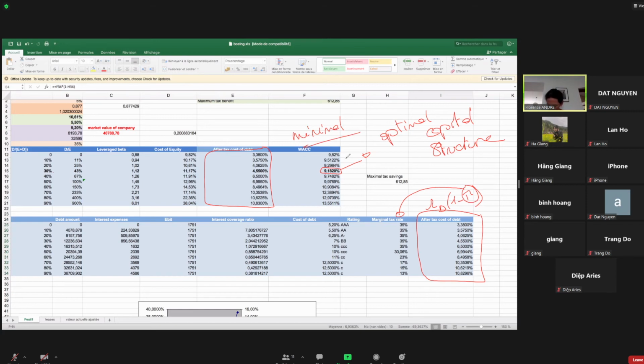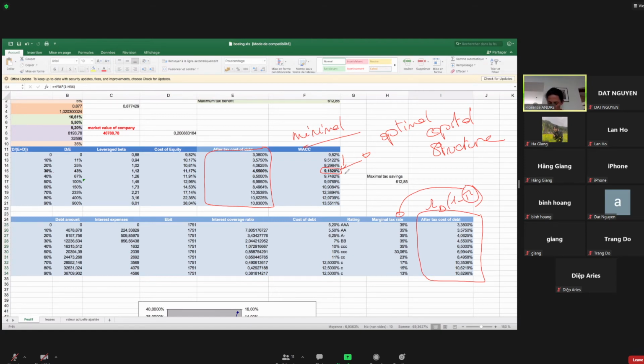You can see that at first, without debt, the WACC of borrowing is 9.82. Then the WACC decreases when we increase the debt, up to a minimal threshold.